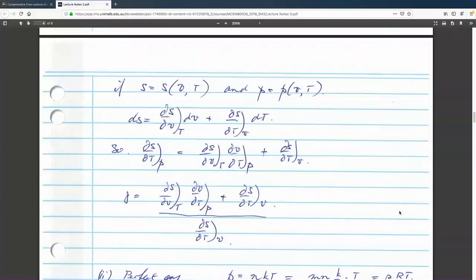And for almost any substance. Now I want to be a bit more specific, because we're going to approximate in the fluid mechanics of compressible flows. We're going to approximate the fluid typically as a perfect gas.